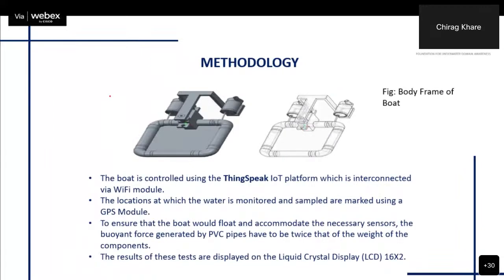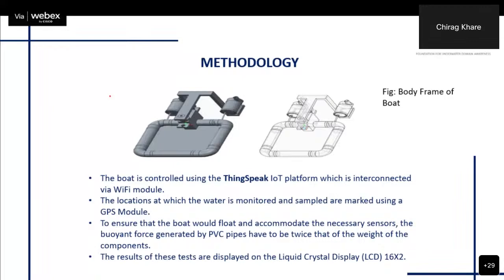Now, talking about the methodology of this model, all the sensors can be placed in this structure made by PVC pipes. The output characteristics obtained can be used to plot a geomap of the respective water bodies and help find possible zones of concentrated contamination.